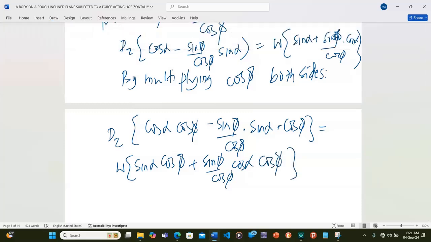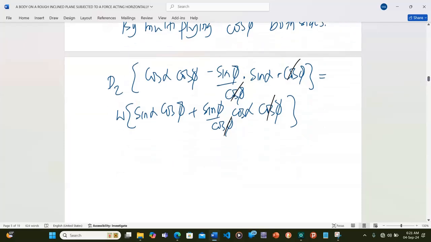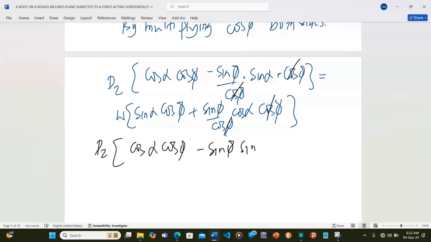I cancel these, and what shall we remain with? Obviously, we remain with P2 into cos alpha cos phi minus sine phi sine alpha equal to W into sine alpha cos phi plus cos alpha sine phi.